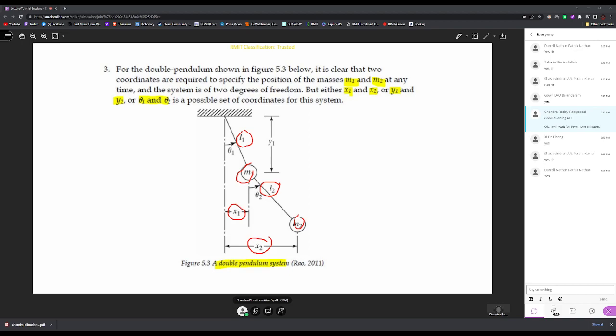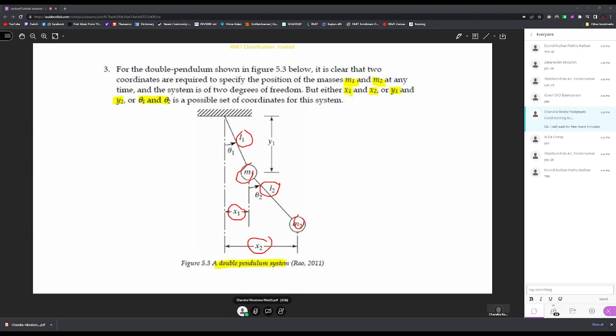So essentially, this is a 2-degree of freedom system. There will be two equations of motion for this, and also there will be two frequencies for this system. We need to find solutions for both in terms of the displacement x1 or the angular displacement theta 1 and displacement x2 or the angular displacement theta 2.